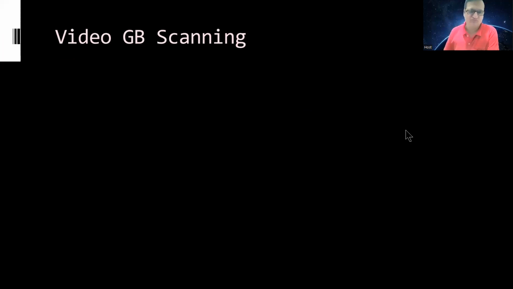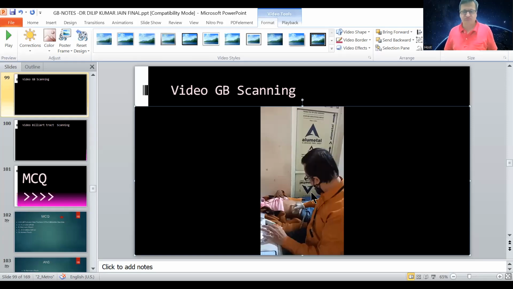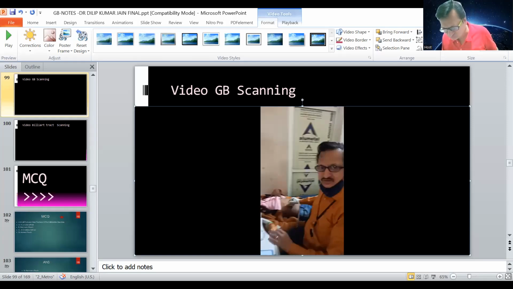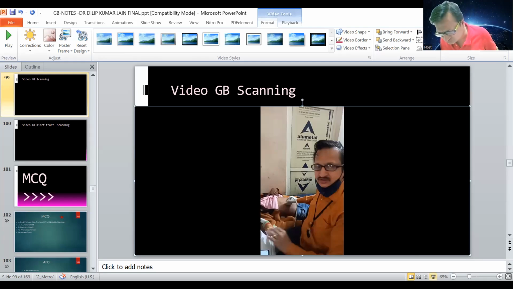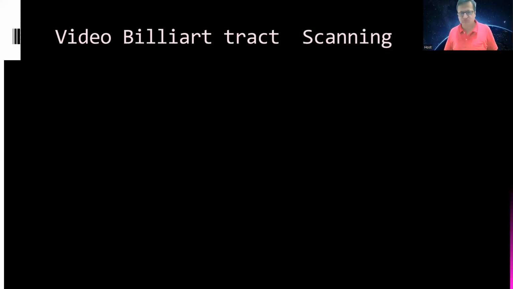Hello friends, so we are now scanning the gallbladder. Next is the extrahepatic biliary tree.